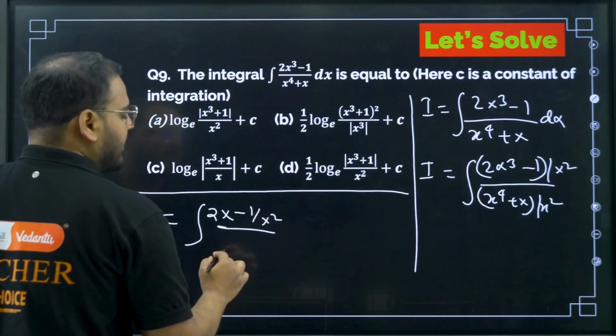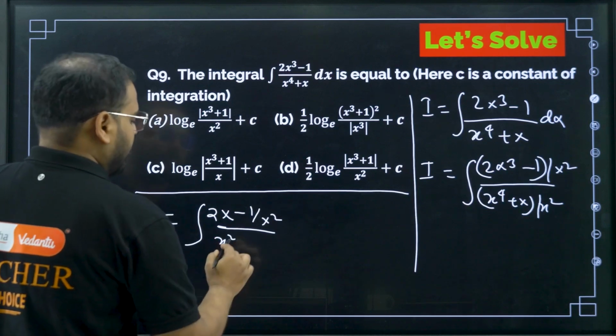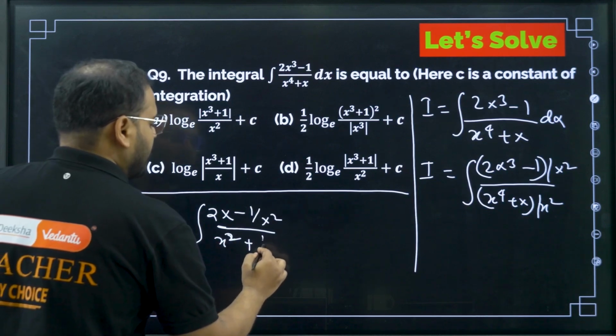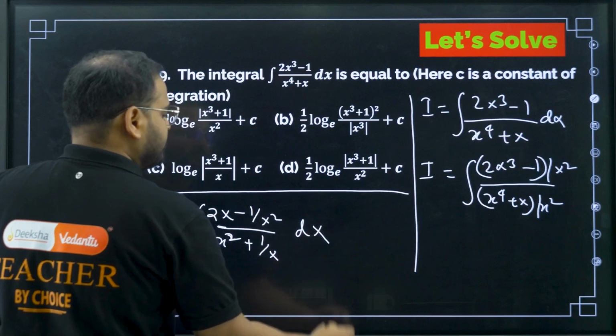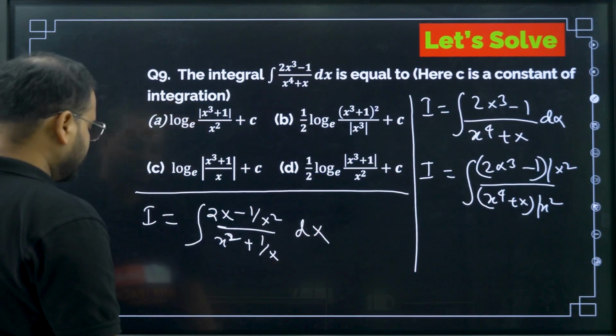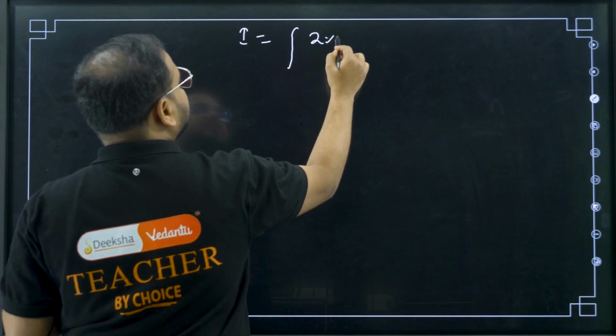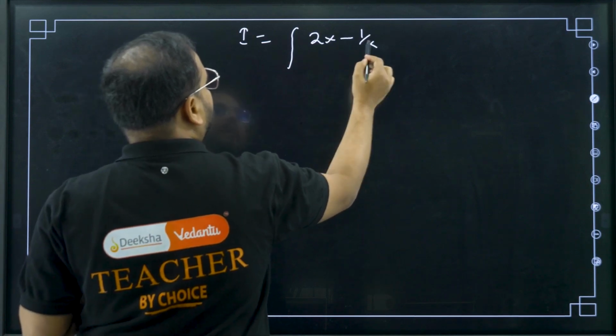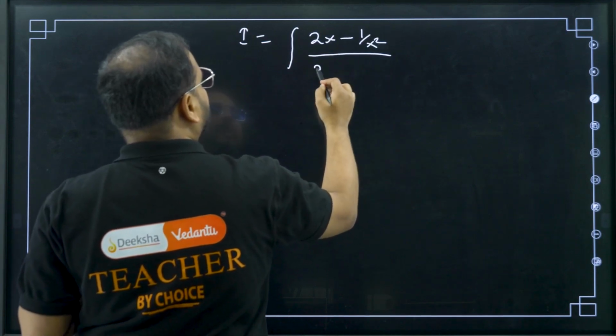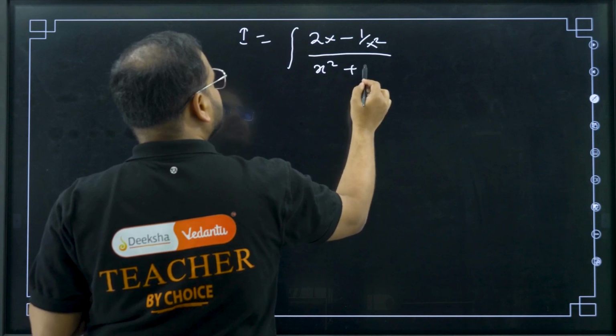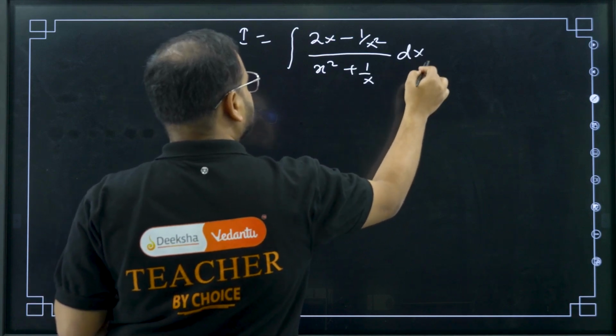And x square plus 1 by x. Alright, this is very simple, right? I'll write this over here again. So my I equals to integration of 2x minus 1 by x square upon x square plus 1 by x dx.